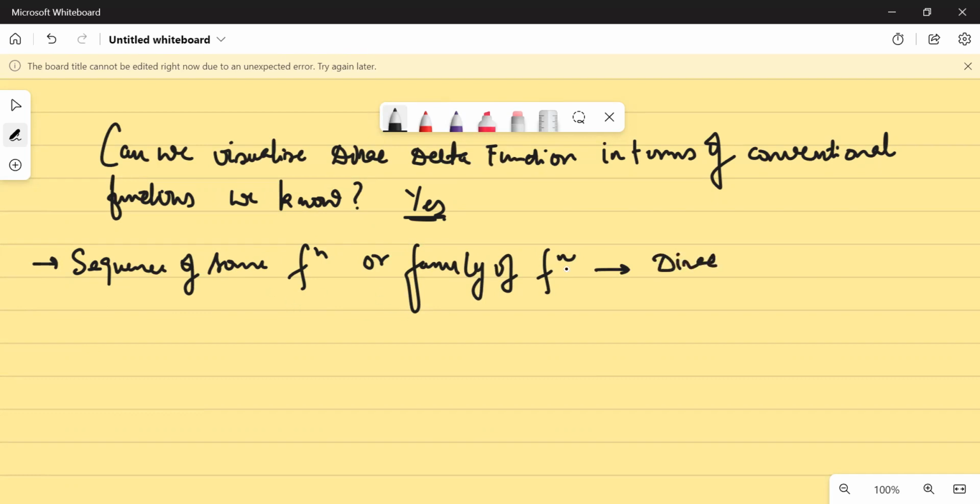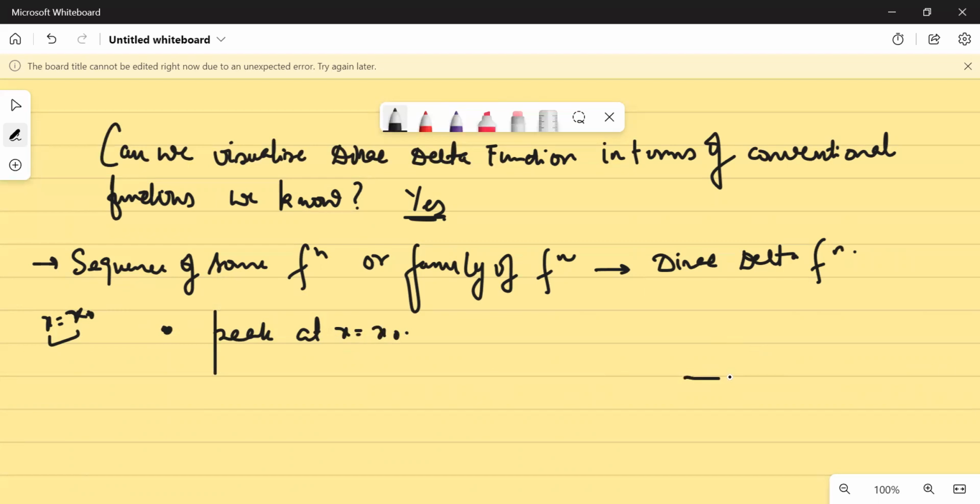So if you have to think over some sequence of functions which actually behaves as if it is a Dirac delta function, that is, if I'm talking about a function at x equal to x naught or x equal to 0, in general let us write x equal to x naught, then what are the desired properties? Property number 1 would be it should have a peaking behavior at x equal to x naught. There should be some peak at x equal to x naught.